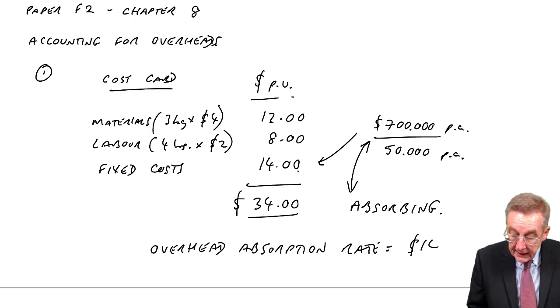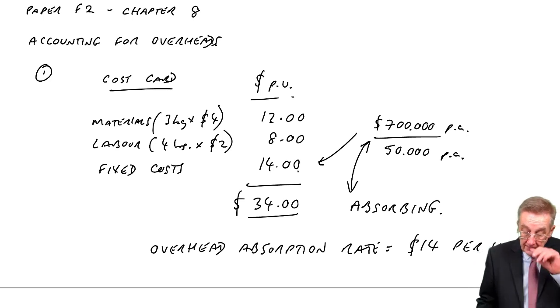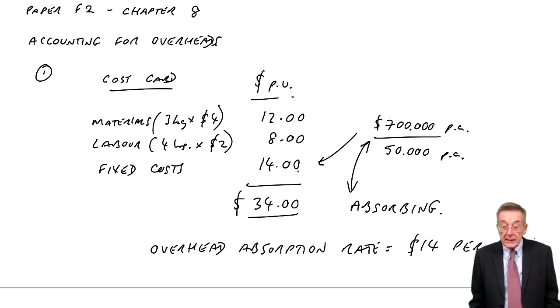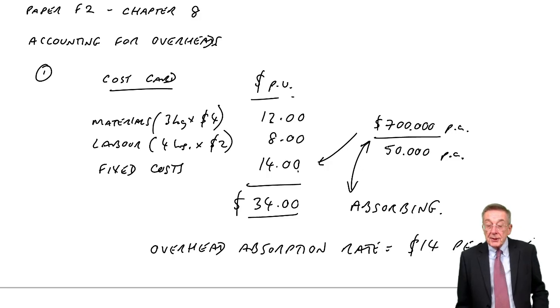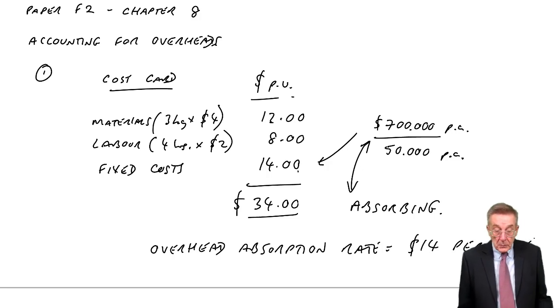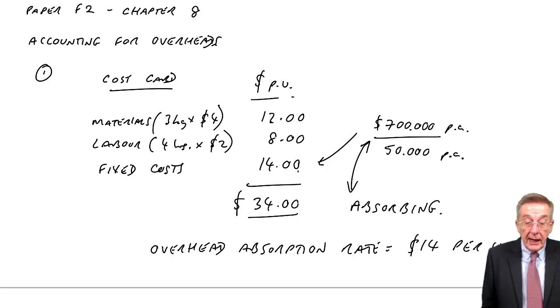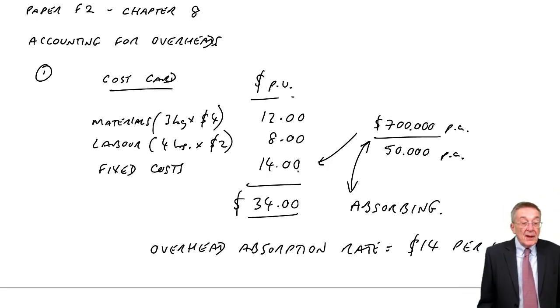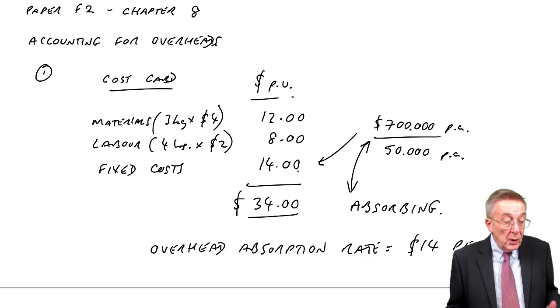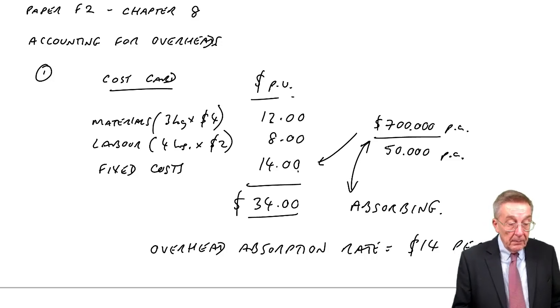Here it's 14 per unit. Overhead absorption rate, overhead charging rate. We're charging the units with $14 fixed overheads. Okay, that's fine, and I hope not too much of a problem. But there are two problems that can occur.